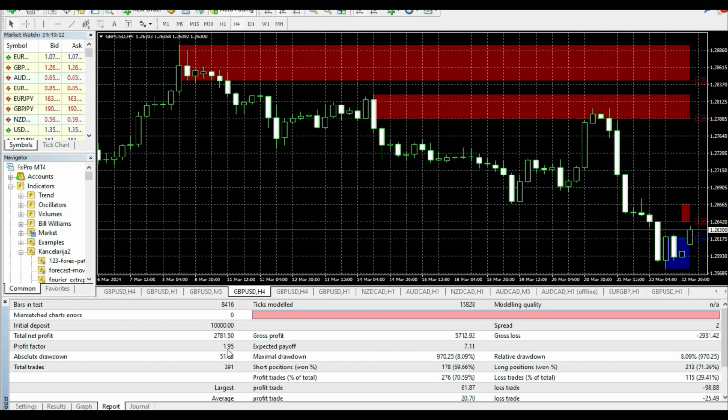So this system will pay additionally around $280. So from this amount of $2,700, I need to remove the commission for trades. However, the strategy will still be profitable.